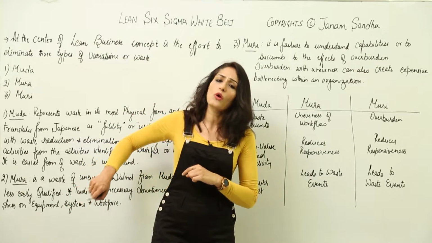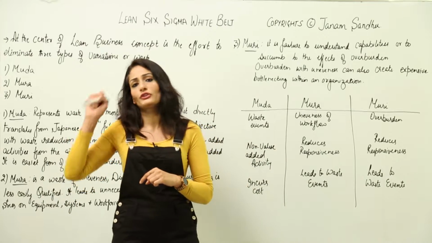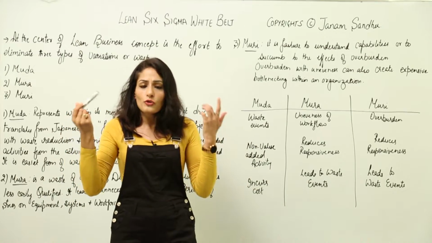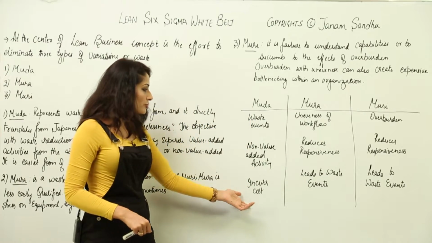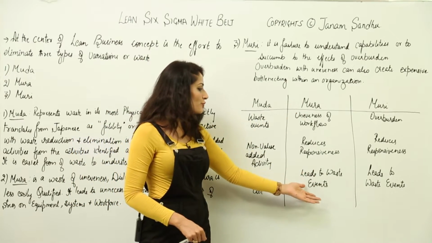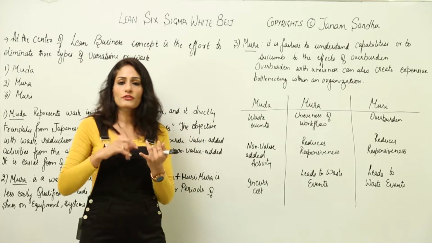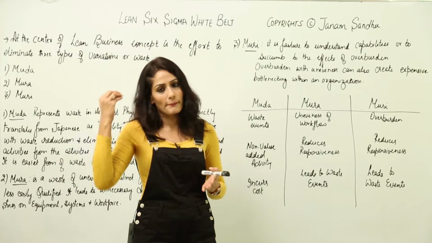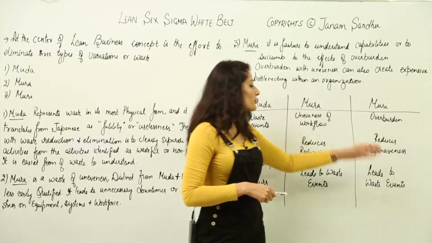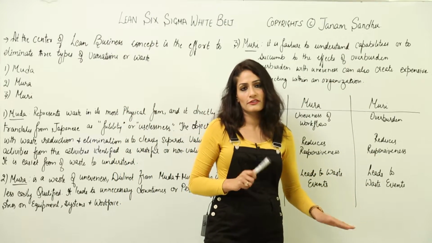If we are having a lot of non-value added activities for which the customer is not ready to pay, who is paying for those? You are. So, it incurs cost. Muda leads to waste events, that is wastage of your resources, maybe wastage of your manpower, the wastage of the capacity, and in the same way Muri also leads to waste events.